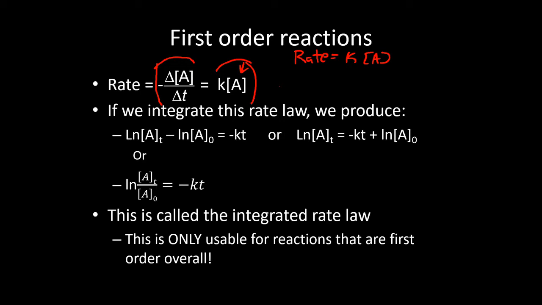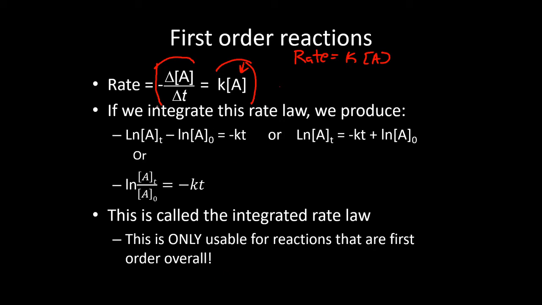It is more useful if we integrate it, which if you are a calculus fan, you will know what I'm talking about, but you will be disappointed to hear I am not going to go through the integration. I know, boo, hiss. Everybody wants more calculus in their life, but we're not going to do that here.